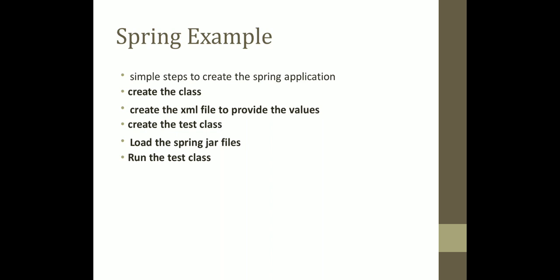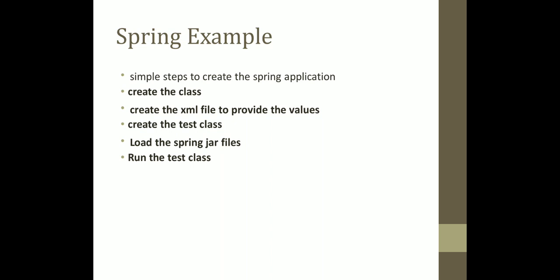First you need to create the class, and for that we need the Eclipse IDE. With that we will create a simple Java project and select the path. That path can be selected from File, New, Project, and from the wizard list select Java Project wizard and set the project name as Hello Spring.